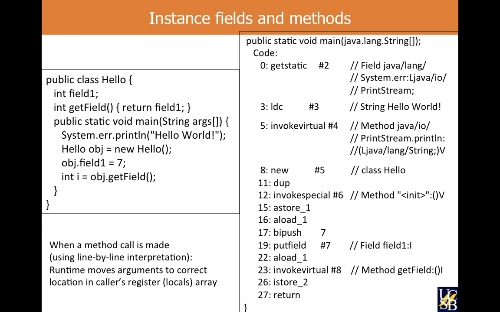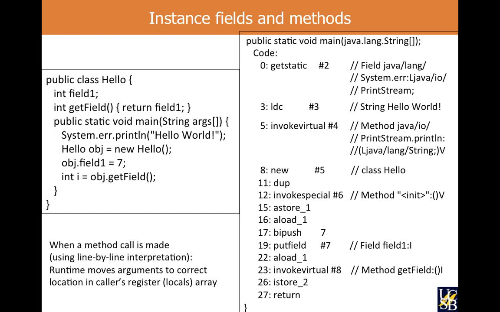arguments. When we have an expression in the source language, like on the left in the last instruction, where we say obj.getField and we pass in no arguments, that syntax is converted to have obj be a hidden first parameter, sometimes referred to as this in Java. So the this object is being passed, and in Python it is referred to as the self object. That's being passed behind the scenes as the first argument.